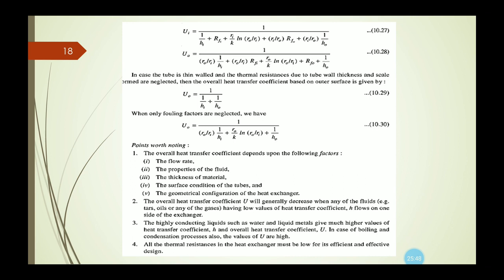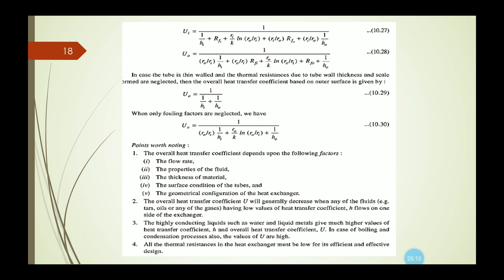Now these are some important points. The overall heat transfer coefficient depends upon the following factors: the flow rate, the properties of the fluid, the thickness of the material, the surface condition of the tubes, and the geometrical configuration of the heat exchanger. So these are the 5 different points.